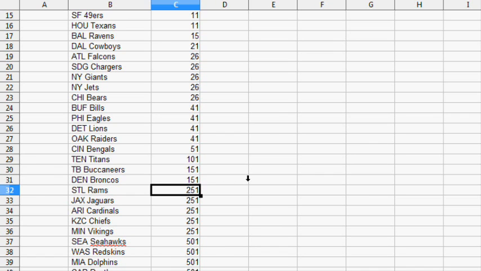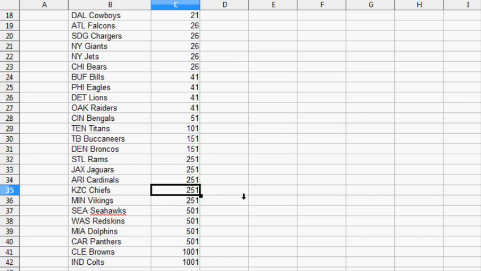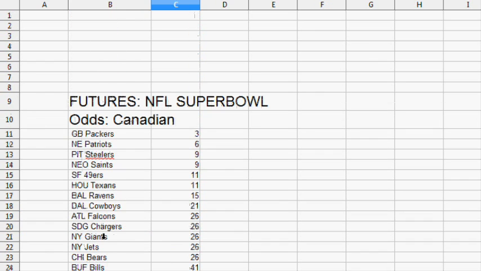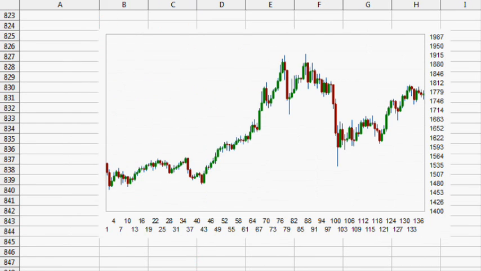And the Rams are not making the playoffs, neither is Jacksonville. Arizona won't. That's a long shot, because if Tyler Palko plays really good, they're in the same boat as Denver's in as well. And 250's pretty good as well. Minnesota, no. Seattle, no. And the rest of them, obviously not. This is just throwing money away, taking the Colts too. Well, win. But those are the futures that I am familiar with. And thank you for watching.